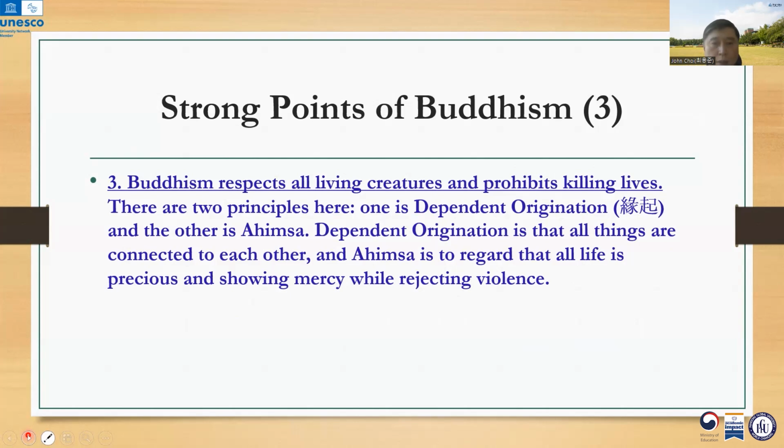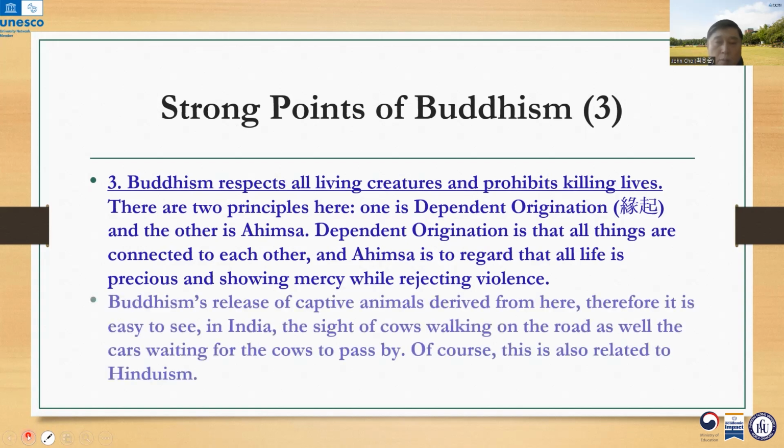And the other is ahimsa. Dependent origination is that all things are interconnected to each other, and ahimsa is to regard all life as precious and to show mercy while rejecting violence.